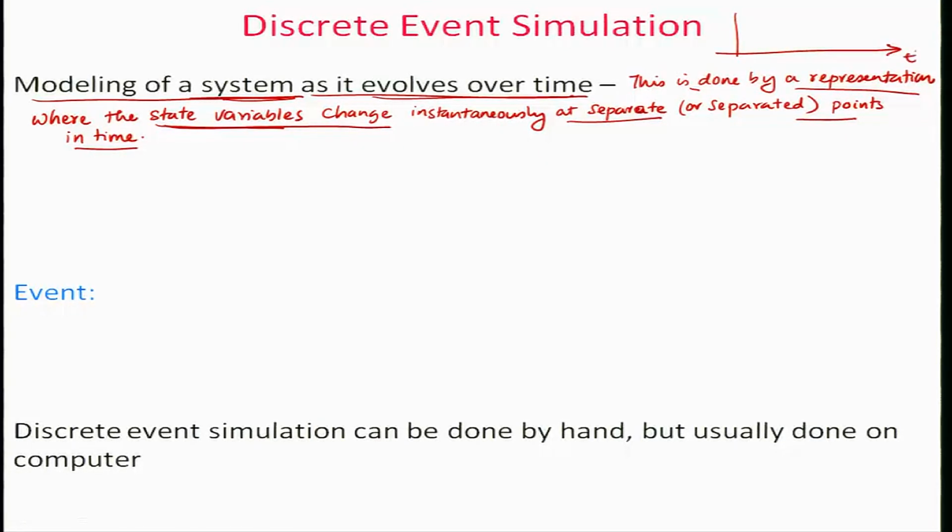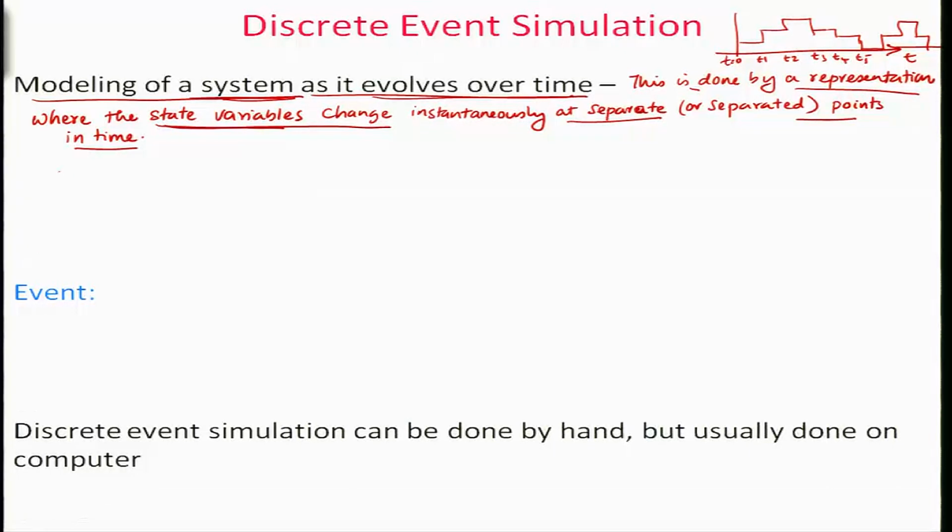As time progresses, the system state is drawn something like this: it will come down, then it goes up again, then it comes down, stuff like this. Such kind of instantaneous changes at separate time intervals. If this is t equal to 0, this is t1, t2, t3, t4, t5, etc. These are individual separate time instances.